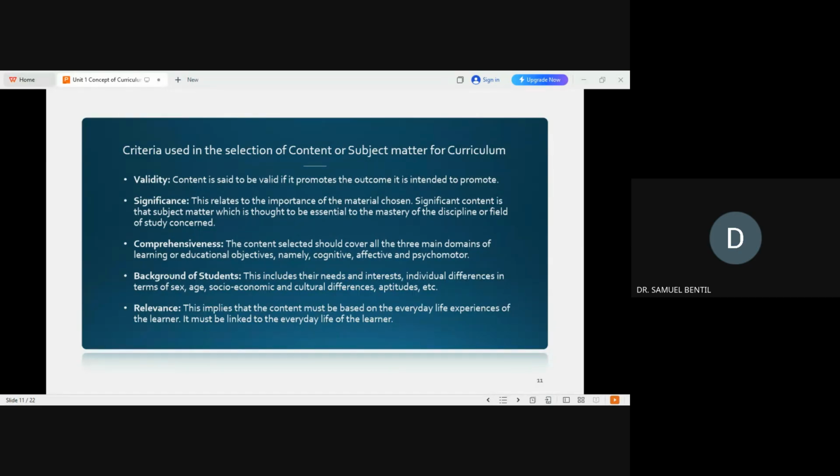So the significance goes hand in hand with validity. Some content may be valid, but the way it is presented, or other materials chosen in addition to help in disseminating that content, may become a problem and may affect its achievement of the intended purpose.